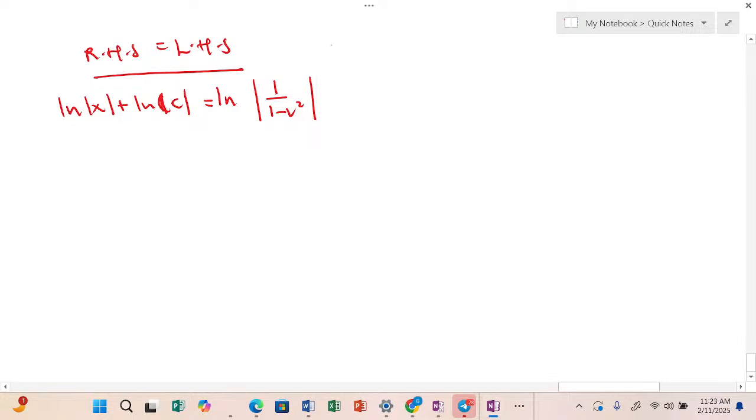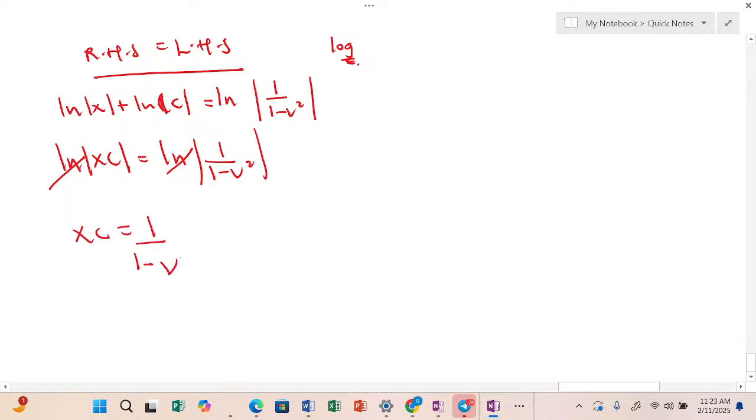Now from logarithms we know that whenever we have an ln expression plus another ln expression, it becomes a product. So we have ln xc is equal to ln of 1 over (1 minus v squared). You know that ln cancels ln, and then we come to the point of xc being equal to 1 over (1 minus v squared). So now this is what we have as our expression.